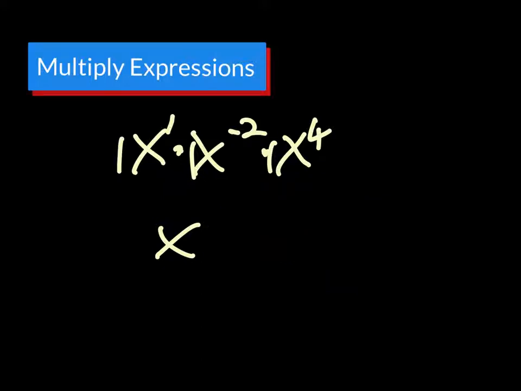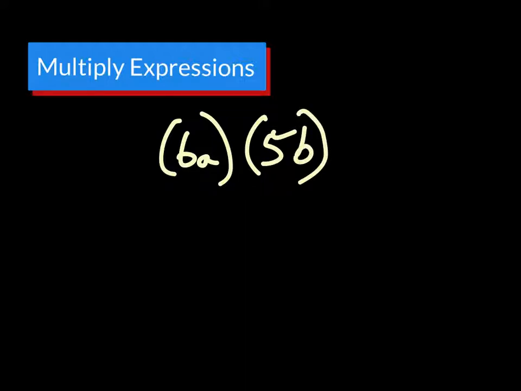Now let's see another example. How about 6a times 5b? So the first step is to multiply the numerical coefficients. 6 times 5 is 30. The second step is to multiply the letters. Now, since the letters are different here, a and b, we can't combine the exponents.